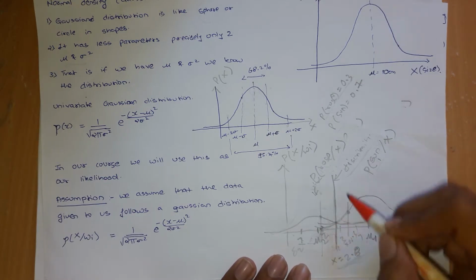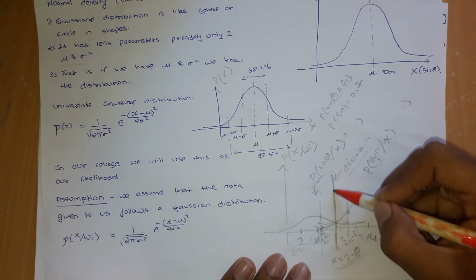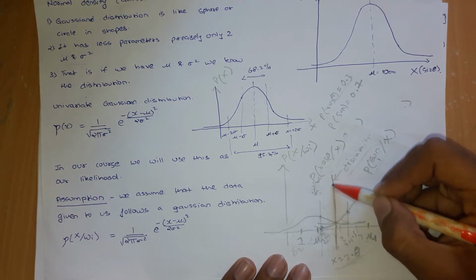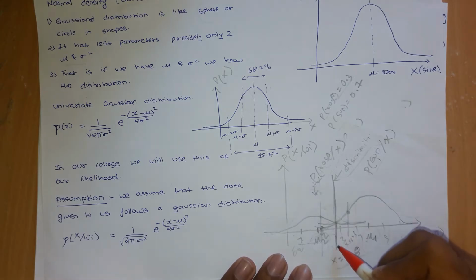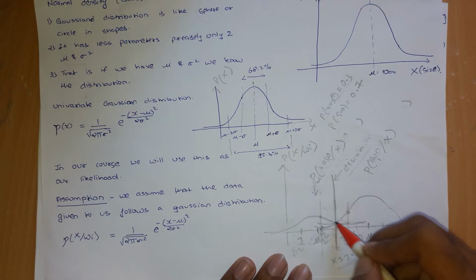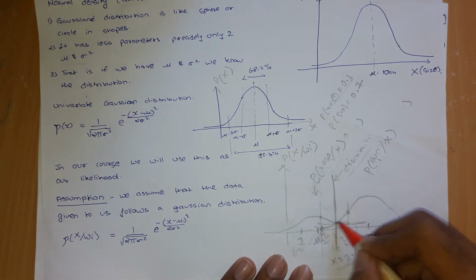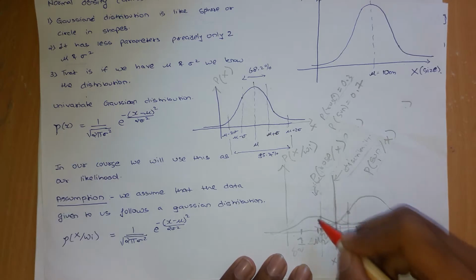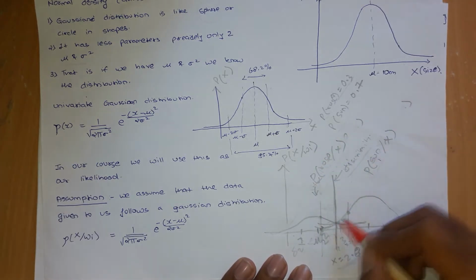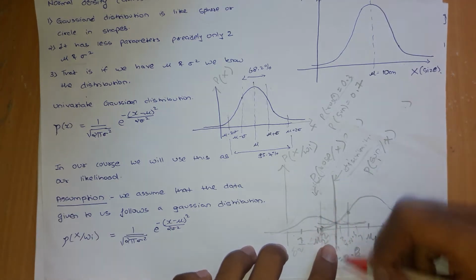In my previous video I talked about this decision boundary over here. How do I get to know this boundary? It is basically where both the probabilities intersect. The probability of rose and the probability of sunflower, wherever they intersect, that is my decision boundary.